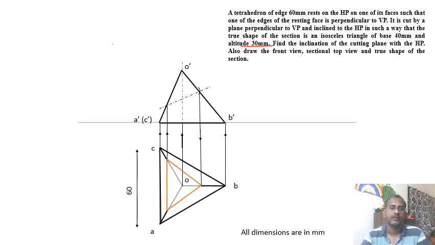That's why initially I started with a light color, because I don't know where I will be getting the cut points. Once I get these cut points, now I am thickening the visible lines. So now you name the cut points in the top view. So you got the cut points in the top view.